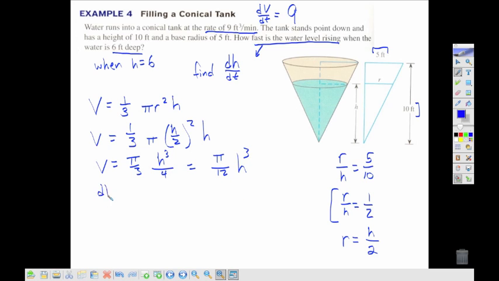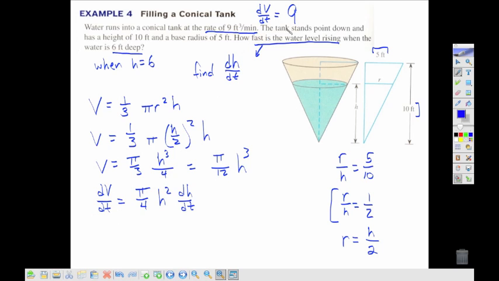So when I take my derivative here, looking for my rate of change in volume, dV/dt, the 3 times the 12 will give me pi over 4 h squared, and since it's implicit differentiation, don't forget your dH/dt.